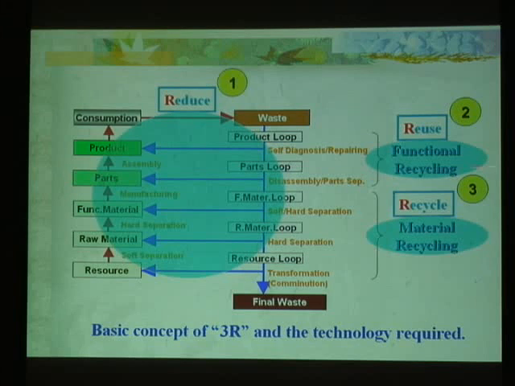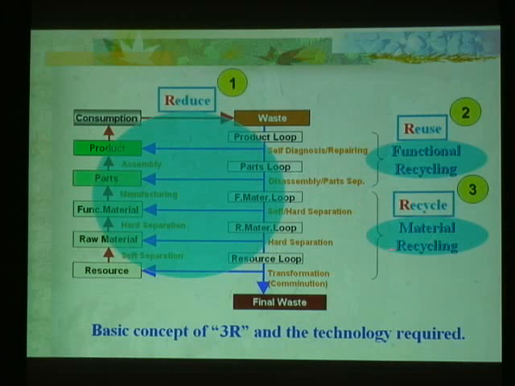And the second one is functional recycling, reuse, because this state, product or parts, has a very, very low entropy state in micro or macro scale, because they have a function, not just a material. Then reuse has second priority. And the third one is material recycling.